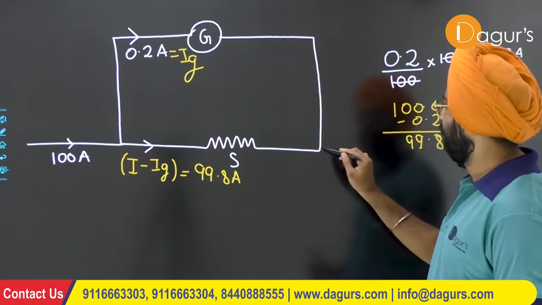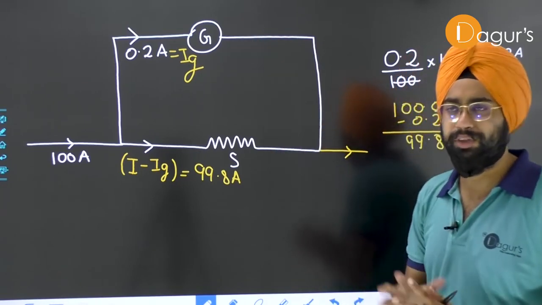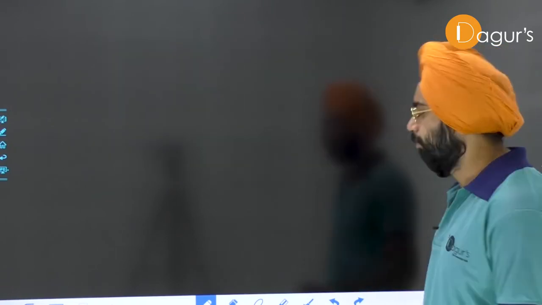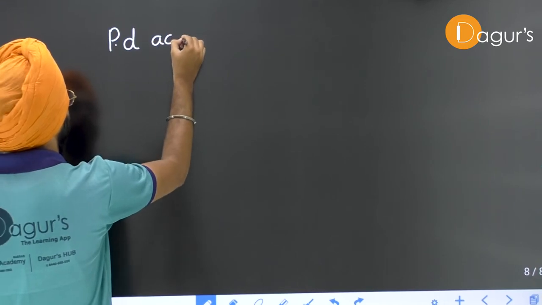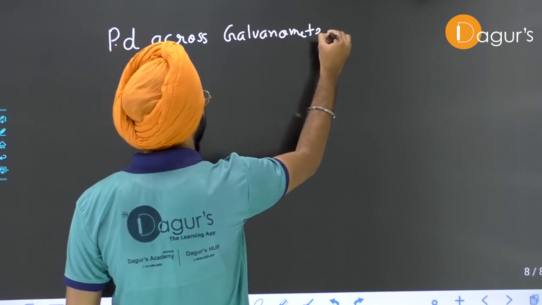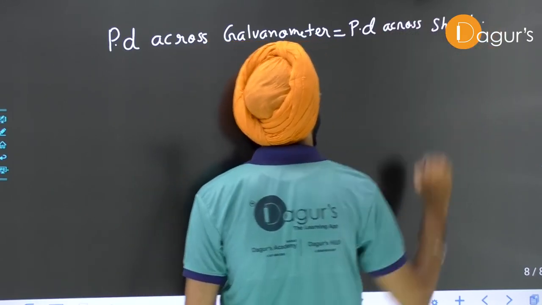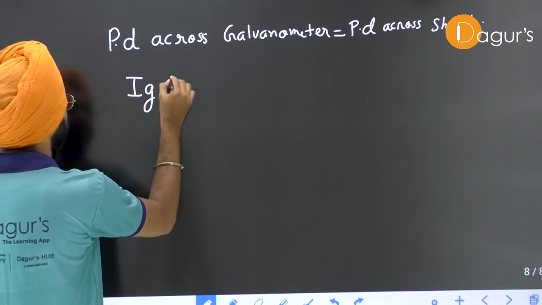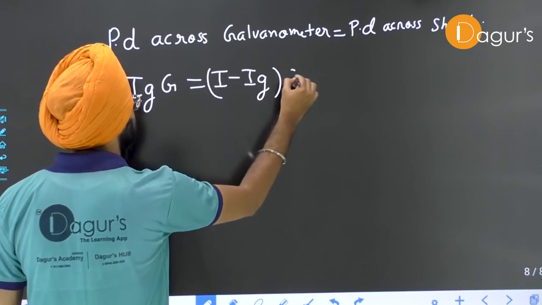As they are in parallel combination, the potential difference across the galvanometer will be equal to the potential difference across the shunt resistance. The potential difference across the galvanometer is Ig into G, and across the shunt it is I minus Ig into S.